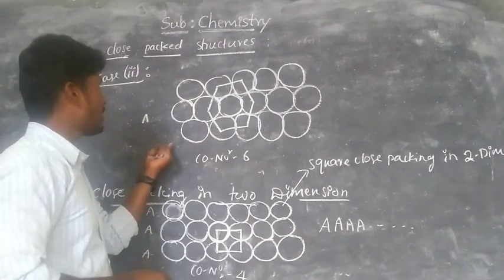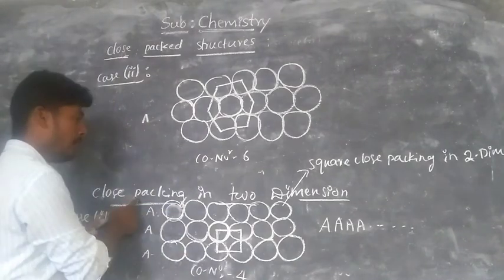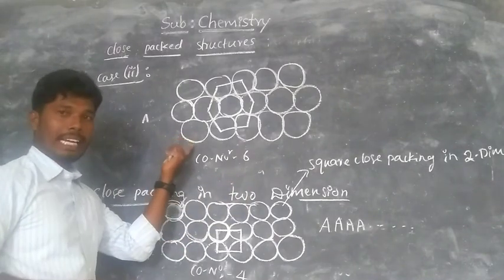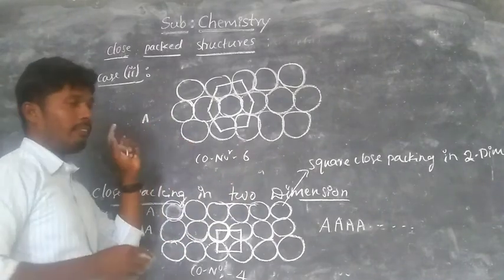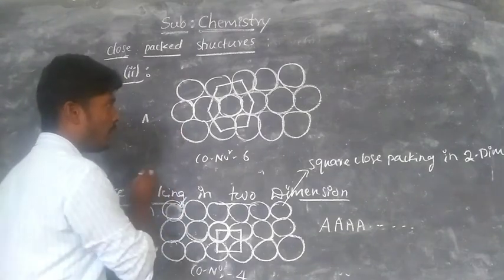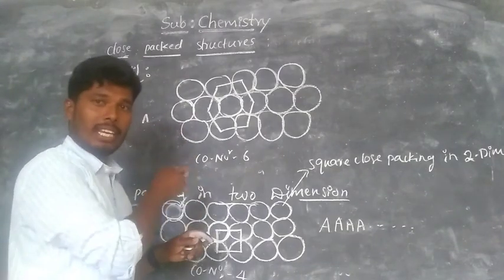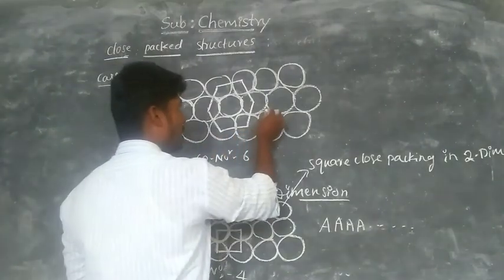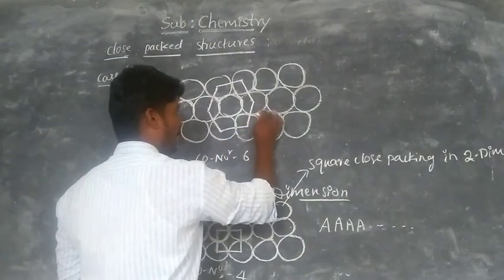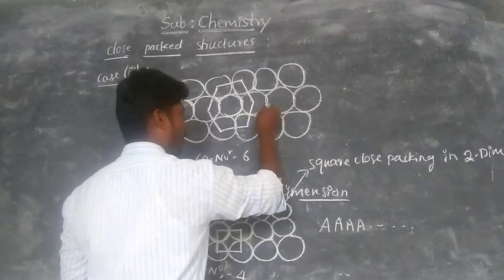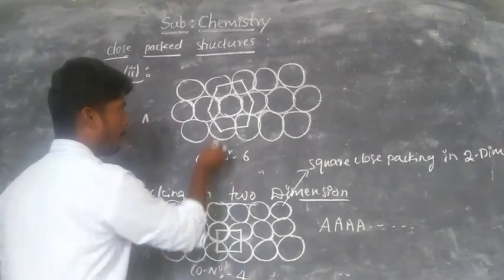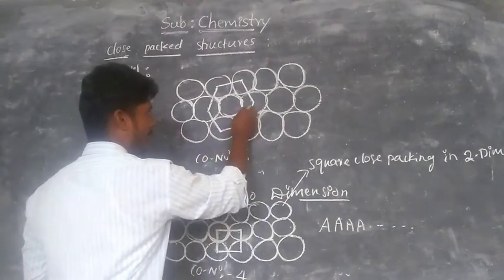This is the second way of arrangement in close packing in two dimensions. This is the first way and this is the second way. Now in the second way of close packing, we can see two types of triangles. Here observe, there are two types of triangles. Let's take this triangle.